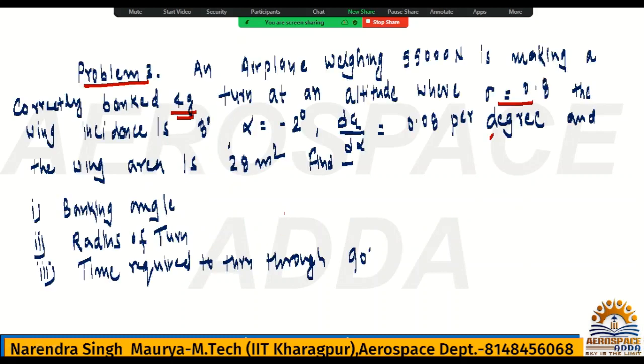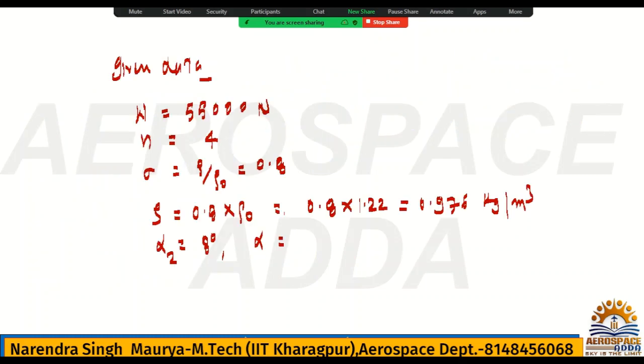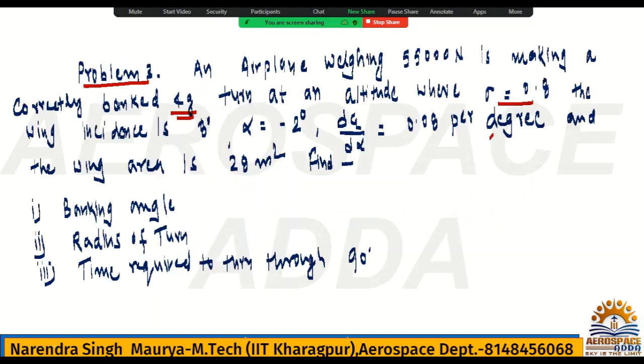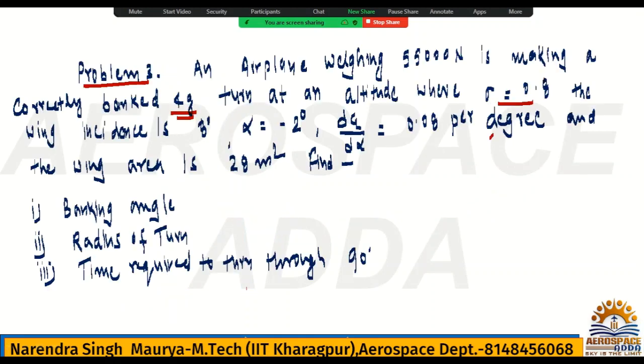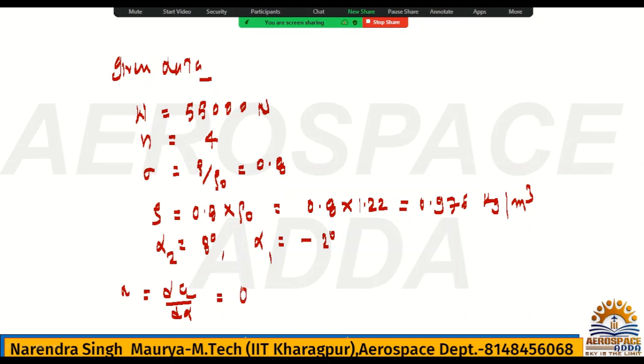It's your choice, anything you can choose, no problem. So minus 2 degree. Okay, fine. This is the alpha 1, because both are the angle of incidence or angle of attack, you can say. And dCL by d alpha also they have given to us. This is called slope. dCL by d alpha, it is given 0.08.